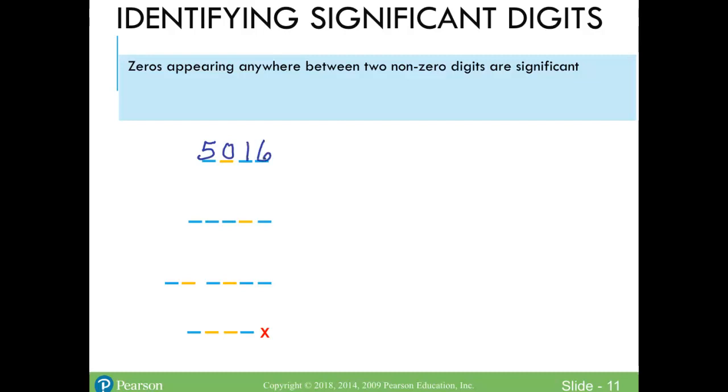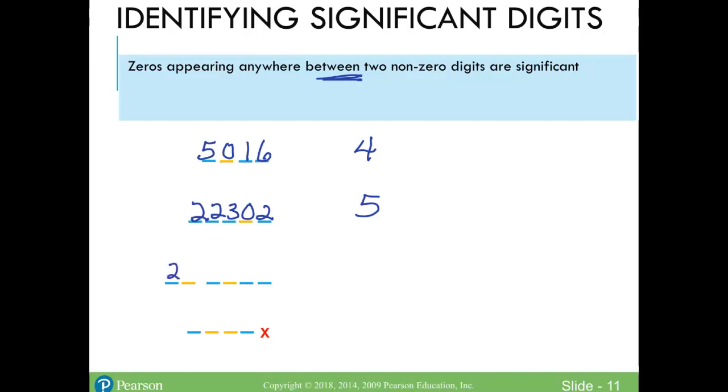That's a zero, and previously we said non-zero digits were significant, which is the 5, 1, and 6, but that's also significant because it's between non-zero digits. So here we've got 4 significant digits. If we had something like 22,302, that's 5 significant digits. All of those are significant.